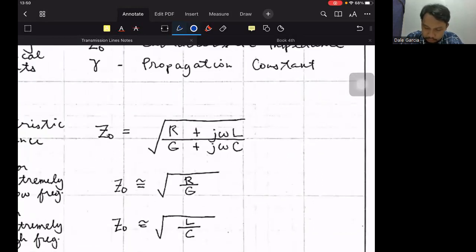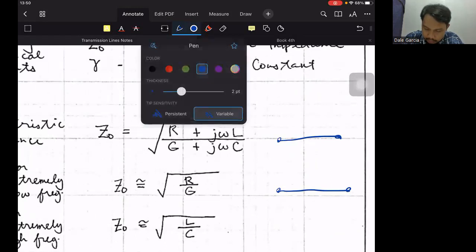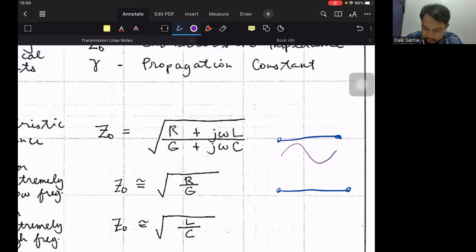So a transmission line, a traveling voltage along the line, a traveling current. So the ratio of the voltage and current at this point is constant at any point. That is the characteristic impedance.